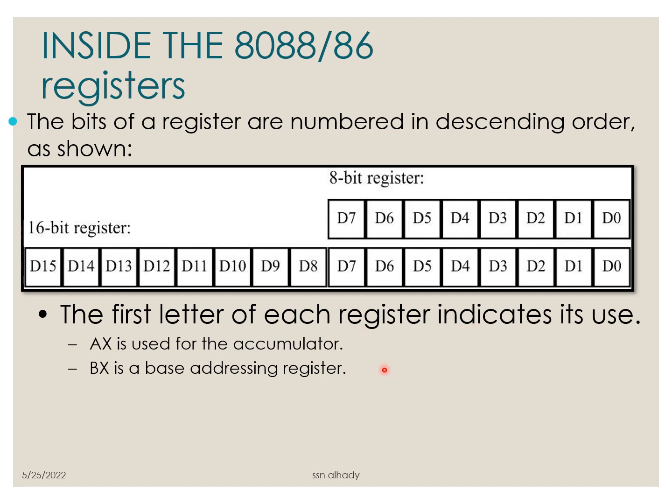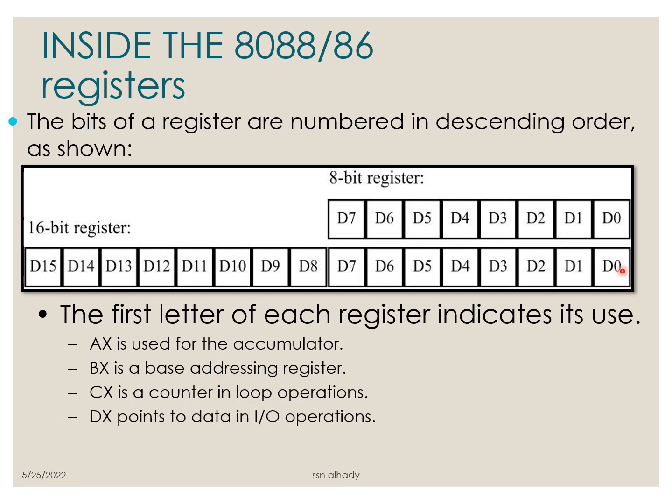Later on we are going to look at how it is arranged in the instruction. And then we have CX. CX is used as a counter in loop operations. And then we have DX, which points to data in IO operations.